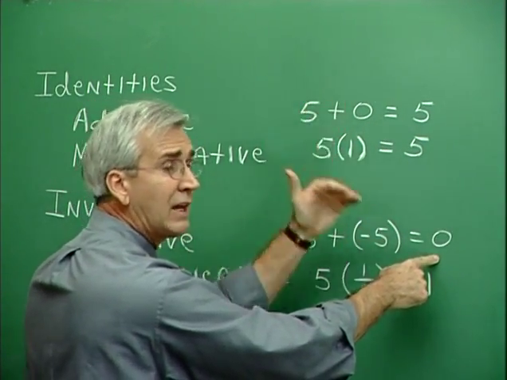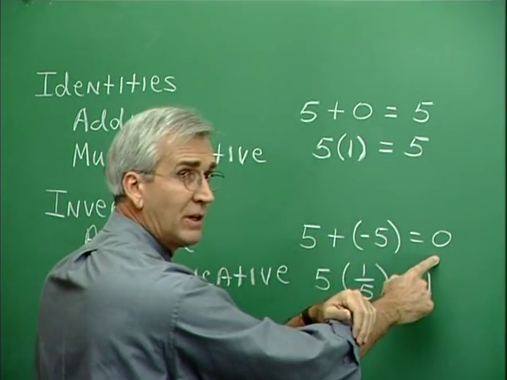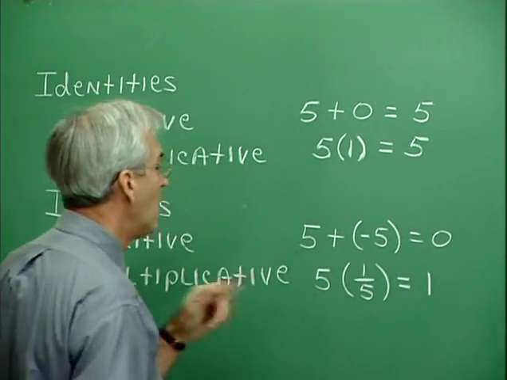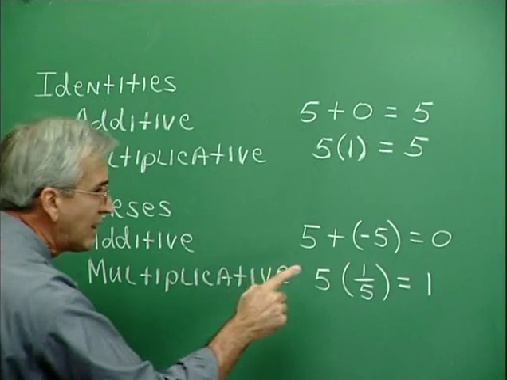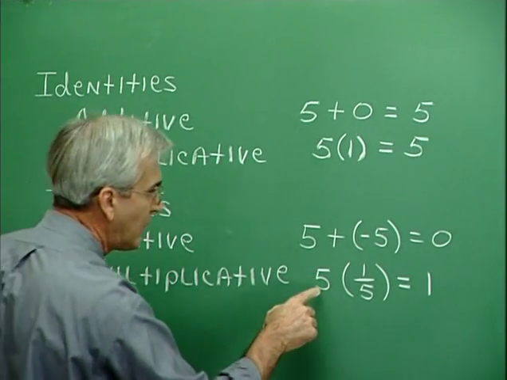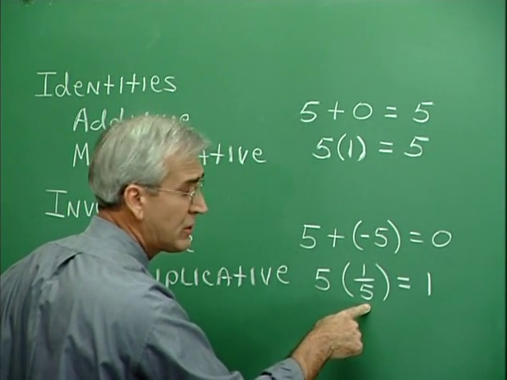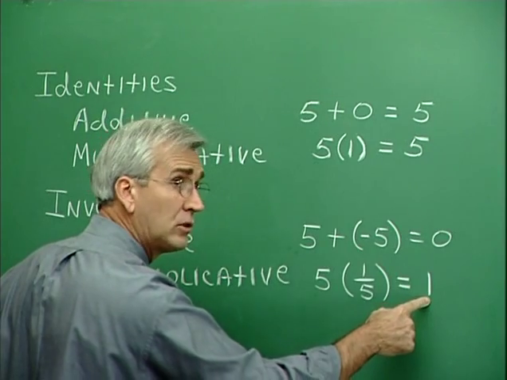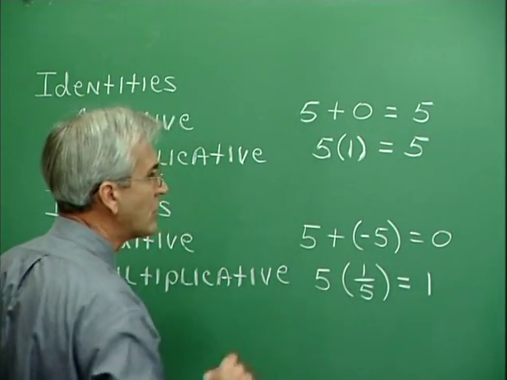We're going to use that kind of backwards relationship with matrices in just a moment, and that's why I'm bringing it up here. The multiplicative inverse notion is just a fancy way of saying reciprocal, because if we take a number and multiply by its multiplicative inverse, which is a reciprocal, then we get the multiplicative identity element. Okay, so that's this relationship.